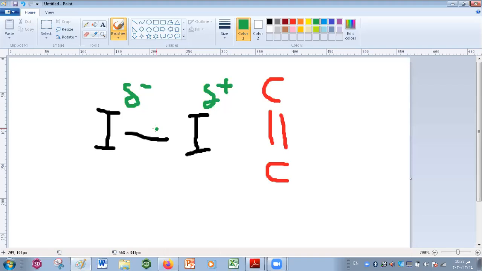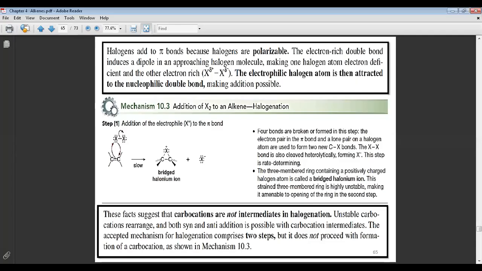Polarizable means there can be a dipole in the molecule just for a short time when it meets something rich in electron density. Here is the meaning of polarizable, okay? Don't be confused with the halogen.